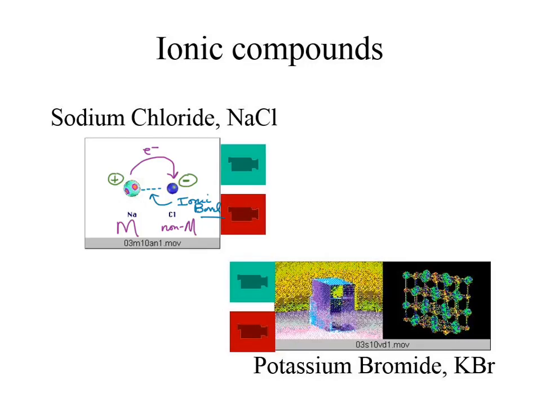Electron transfer from the metal to the nonmetal. That makes your metal positively charged and your nonmetal negatively charged. And this is an ionic bond. I always think of James Bond. It has nothing to do with anything.